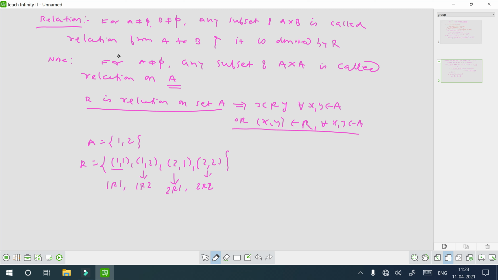Either we can write in notation form or we can write it in ordered pair. So this is the example to see the relation. That means any subset of A cross A, for non-empty set A, is called a relation on A.